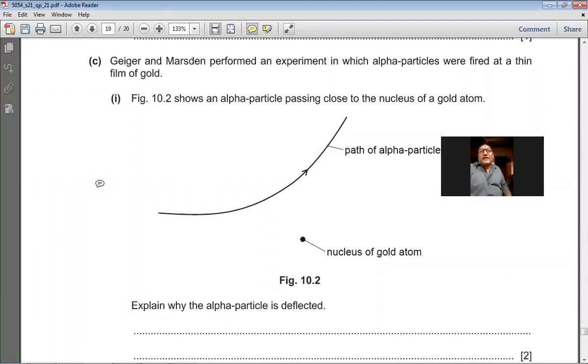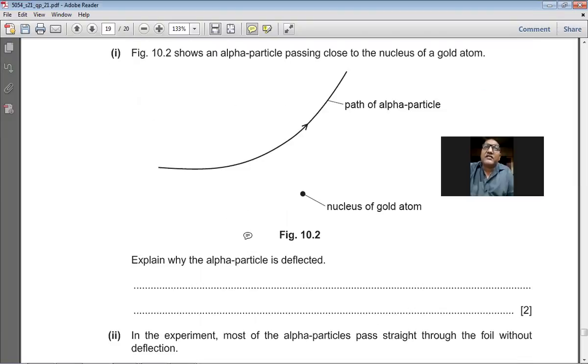It says Geiger and Marsden performed an experiment in which alpha particles were fired at a thin film of gold. Figure 10.2 shows an alpha particle passing close to the nucleus of the gold atom. When the alpha particle came here, it was reflected away from it.